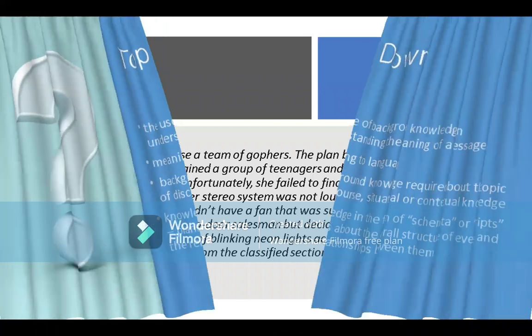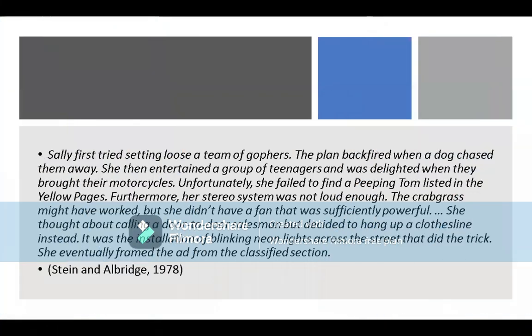I'm going to show you a text. After reading the text, I don't think that you will be able to infer what it is. Sally first tried setting loose a team of gophers. The plan backfired when a dog chased them away. She then entertained a group of teenagers and was delighted when they brought their motorcycles. Unfortunately, she failed to find a peeping Tom listed in the yellow pages.